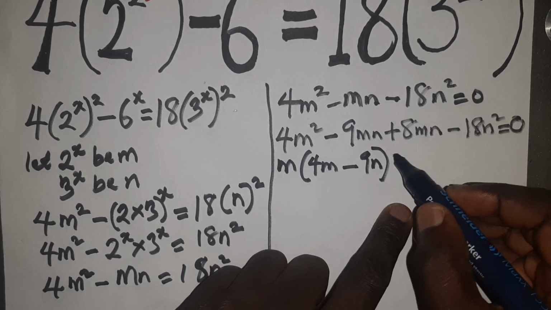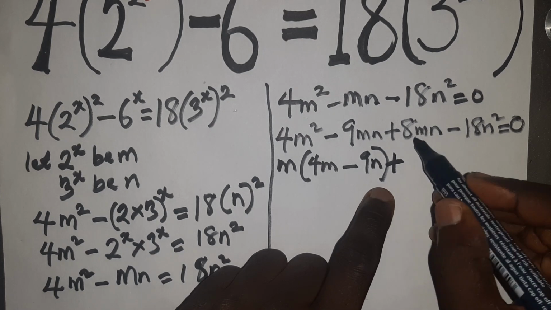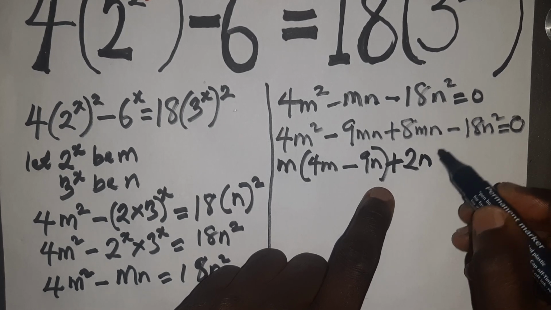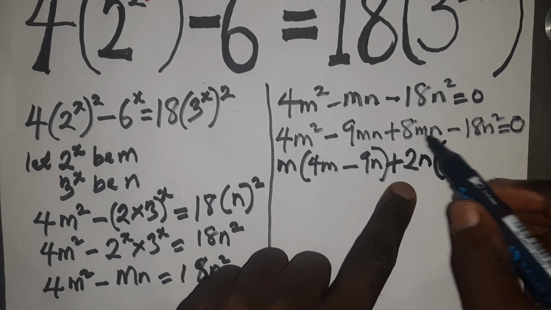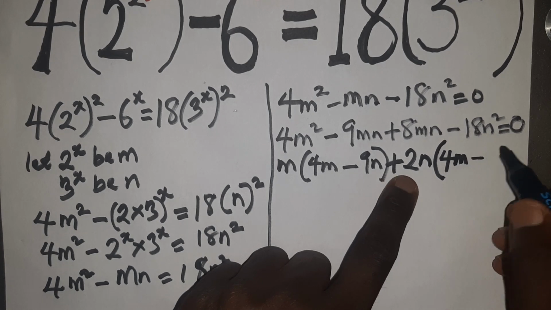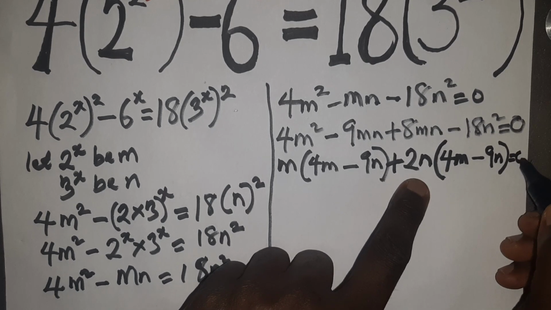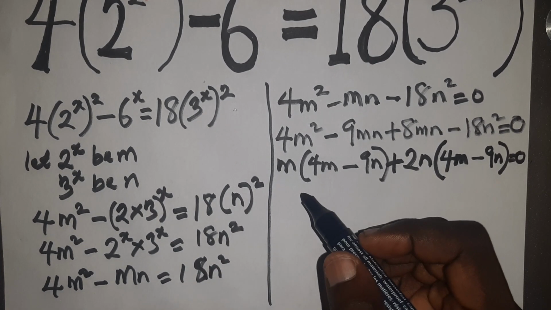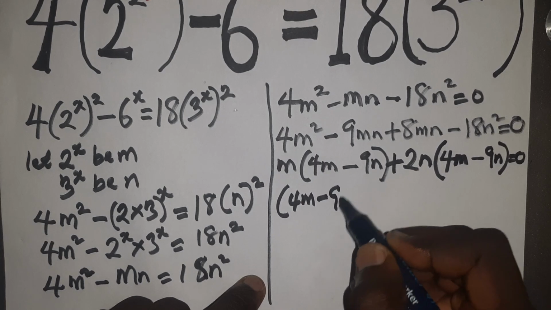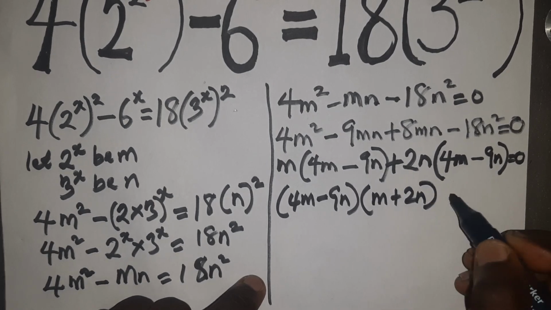What is common here, plus we have 2 being the HCF of 18 and 8, and we have n common, 2n, then open brackets, we have 4, 2 in 8 is 4, n cancels n, we have m, minus 9n, then we have equal to 0. Then refactoring, we now have 4m minus 9n times m plus 2n equals 0.